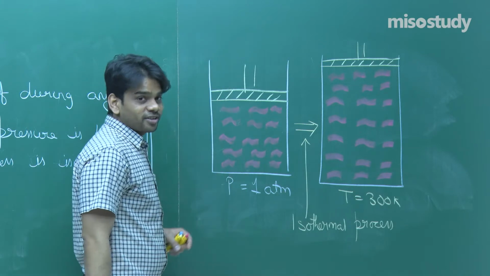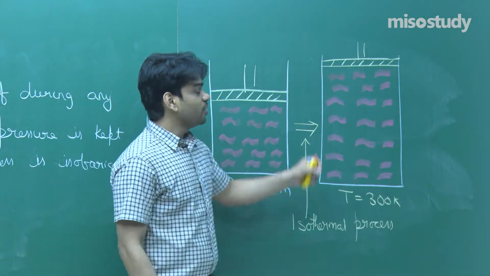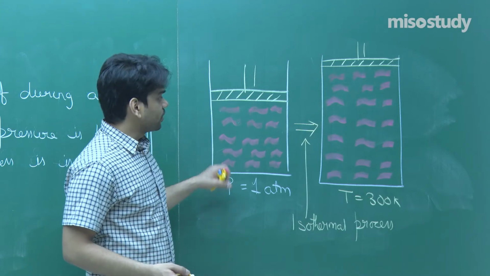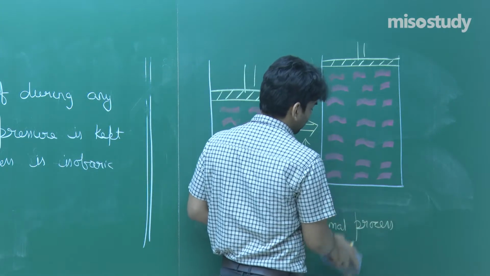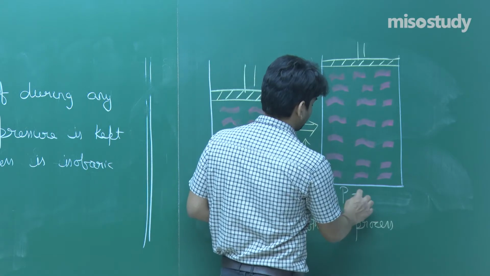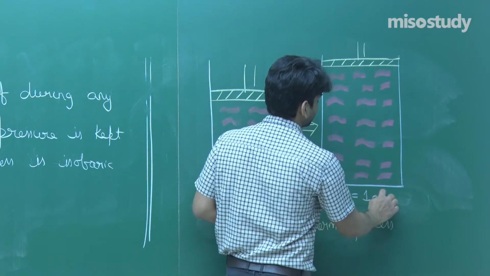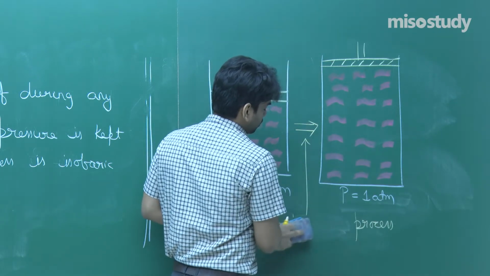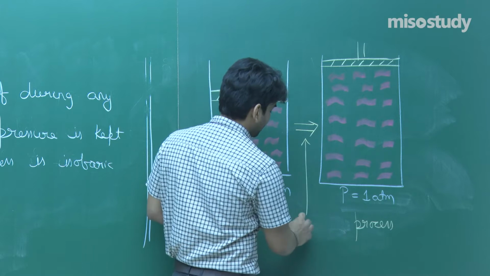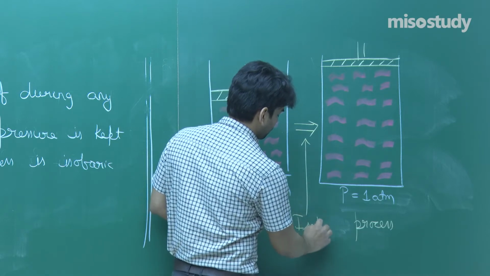If this is the state, now if we increase the temperature, volume is going to increase, keeping pressure constant. So pressure here also is 1 atmosphere. Such a process will be termed an isobaric process.